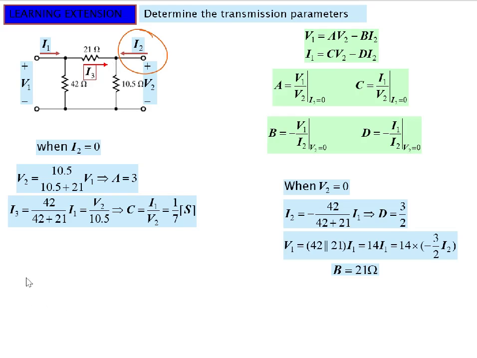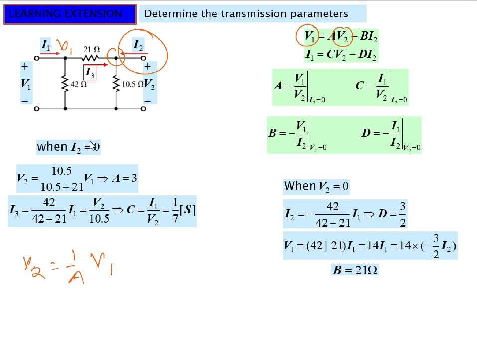That V2 would be equal to 1 over A times V1. If we calculate this V2 in terms of V1, we have V1 here, and this is our V2 side.